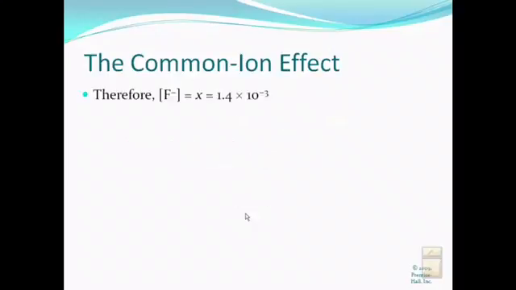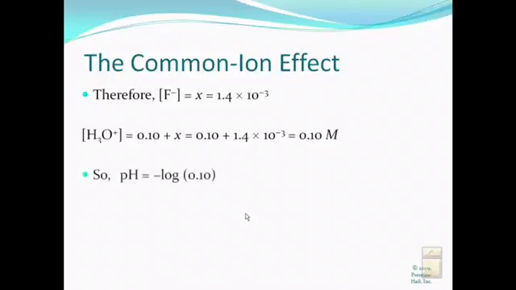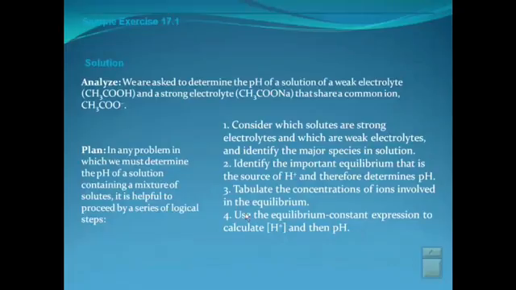So your fluoride ion is also equal to x, which is 1.4 times 10 to the negative 3. Your total concentration of hydronium ion is 0.10 plus x, which is equal to 0.1. That's really easy, and it means your pH is 1. So we solved for the fluoride ion concentration, the hydrogen ion concentration, and then pH.